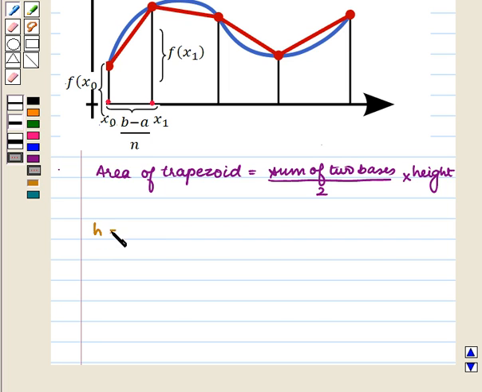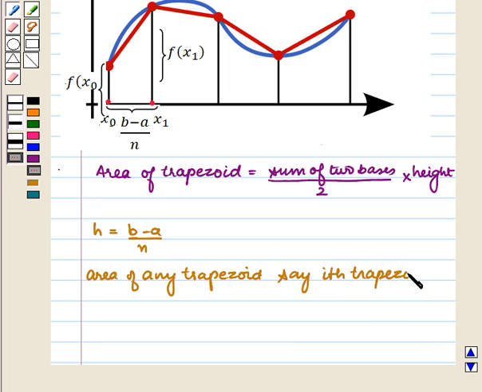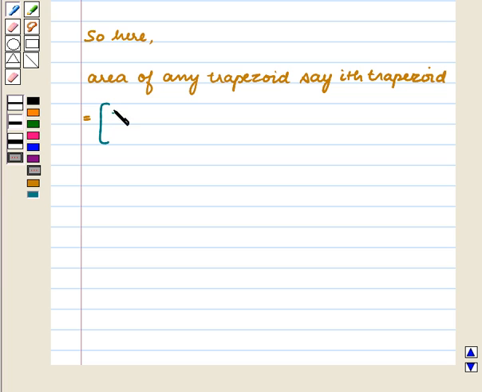Because we have taken h is equal to b minus a by n, the area of any trapezoid, say the ith trapezoid, is equal to f of xi minus 1 plus f of xi upon 2 into b minus a upon n.